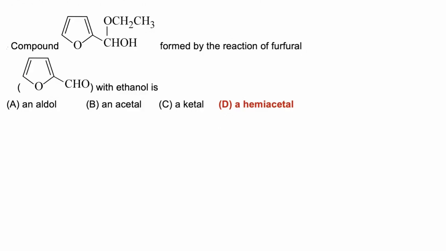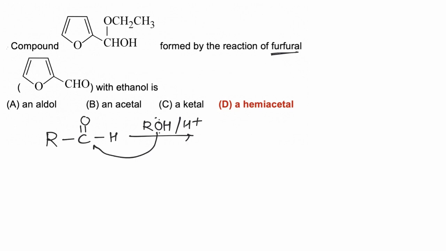Hence the correct answer is D. In this question we have to identify the name of the product which is formed when furfural is treated with ethanol. Now a carbonyl compound, aldehyde or ketone, on reacting with alcohol in slightly acidic medium, the alcohol acts as nucleophile, and initially it will be converted to a molecule in which OH and OR both are attached on the same carbon.